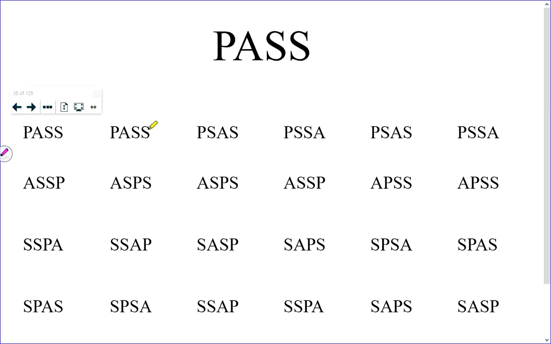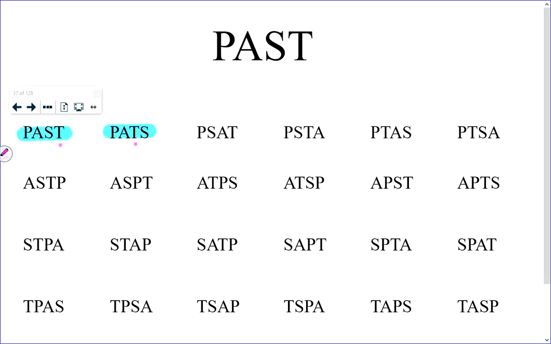I've got to try to get rid of that yellow thing. It's driving me nuts. And you're going to discover that if you go through that list here, and you change all of the T's to all of the S's, you're going to find pairs of 4-letter arrangements that become the same.